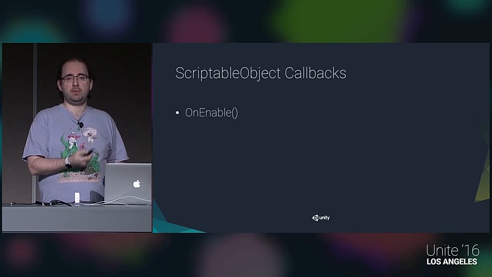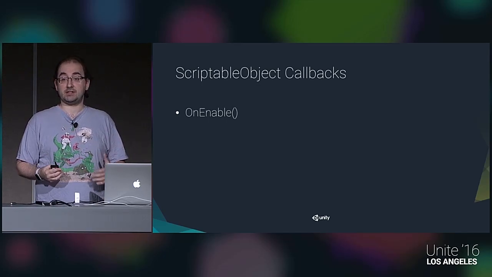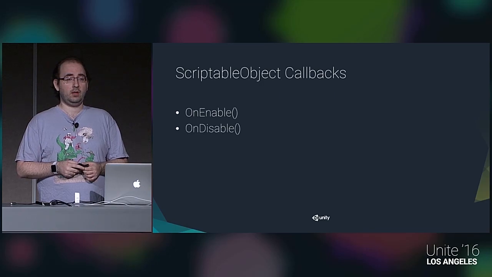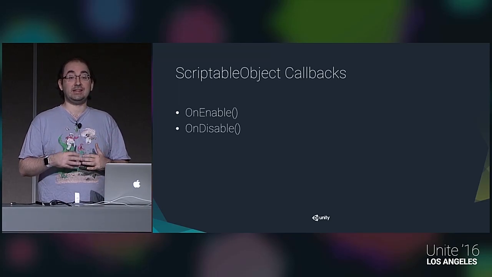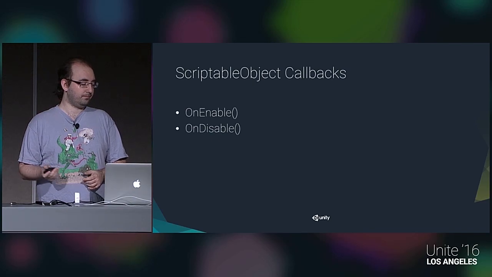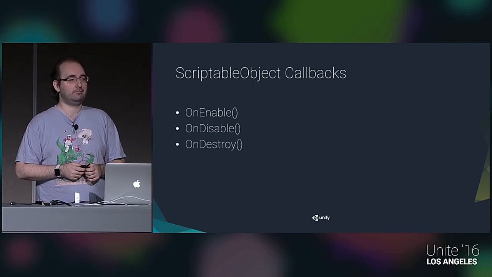So when scripts are recompiled in the editor, at the end of that process, when we finish reloading everything, any scriptable objects that exist in memory get OnEnable to warm them back up again. We get OnDisable, which is called when a scriptable object is being destroyed, or before it's being destroyed, and also before we are shutting down the app domain for assembly reload. And we get OnDestroy, which happens when it's destroyed. The name is pretty good there.